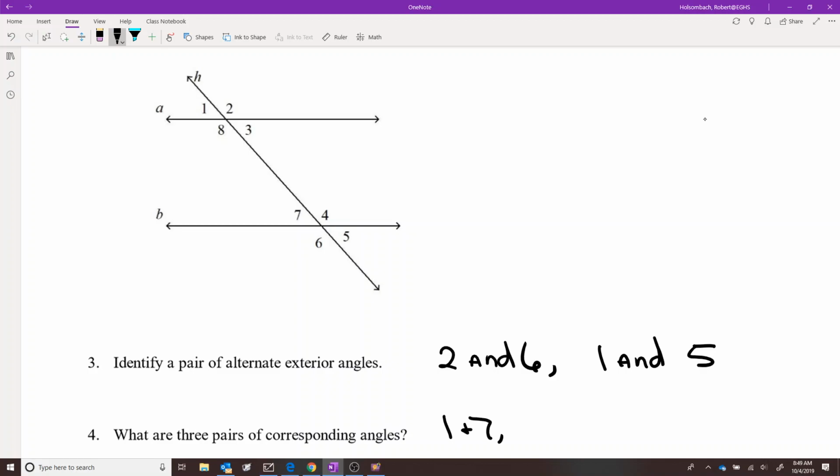Then you got 2 and 4. Those correspond. 3 corresponds to 5. And then 8 corresponds to 6. And there's your 3 pairs, there's 4 pairs actually, of corresponding angles.